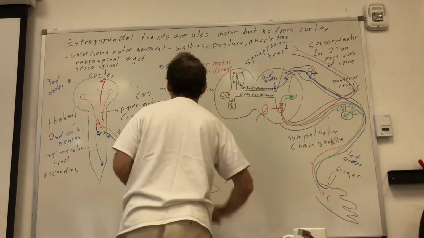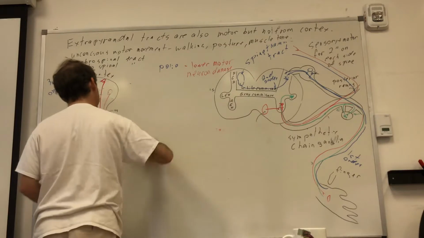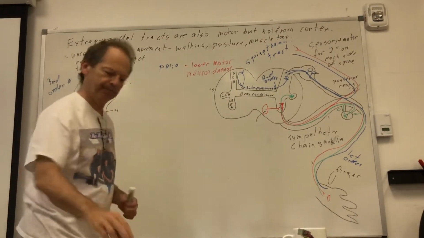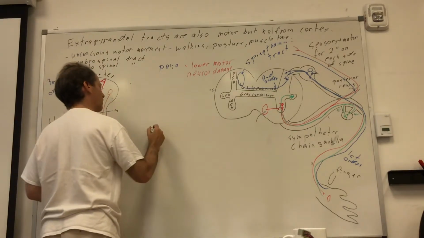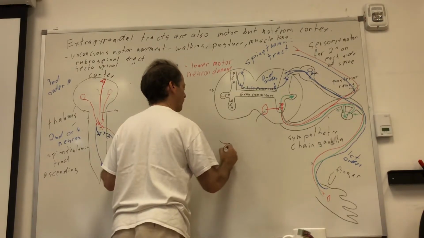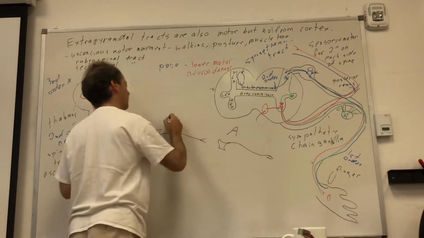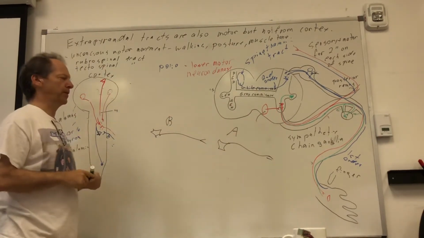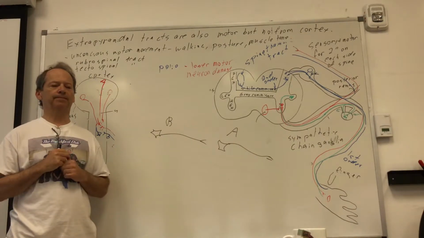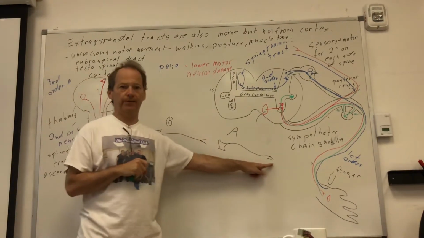So, first things first. The way I've drawn it, which one is the presynaptic and which one is the postsynaptic neuron? Which is the presynaptic? B is the presynaptic because it's going into the synapse. A is the postsynaptic, right?